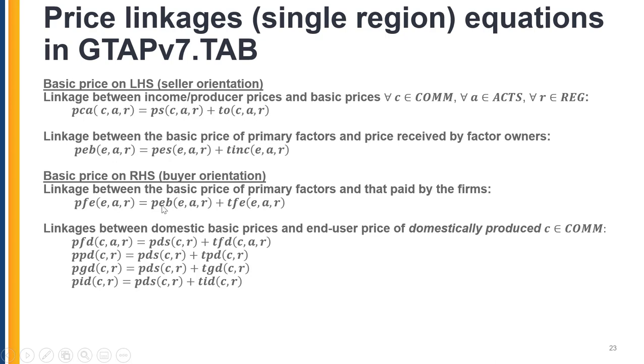Down here you get to the market price and add on a specific charge. Again I say specific, but we shouldn't use that term for taxes when they're all ad valorem. Whichever of these you might be looking at, TFE, E sub A sub R, can be added onto the basic price and you get the firm's price.